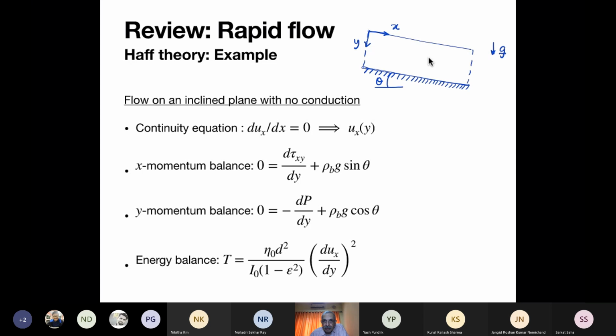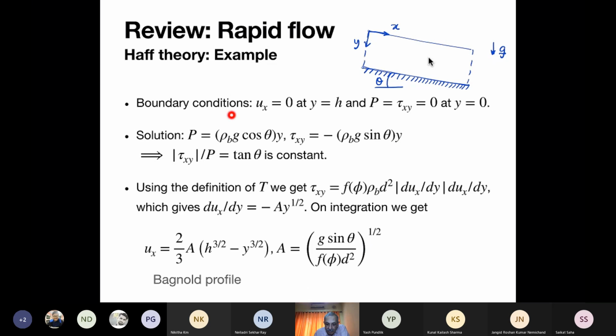And then we looked at a simple example of flow down an inclined plane. And for this, we assume that the velocity is in the x direction and varies only in the y direction. And for that, the x momentum balance becomes this, the y momentum balance becomes this, and the energy balance gives us this.